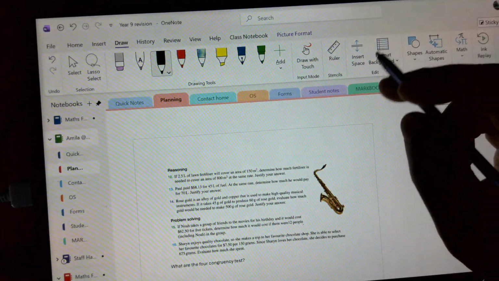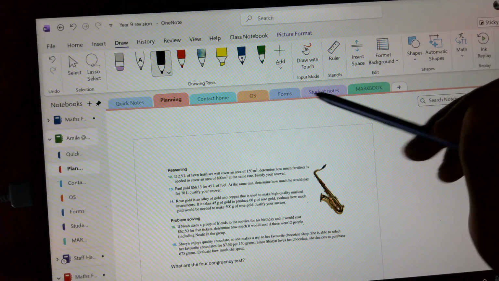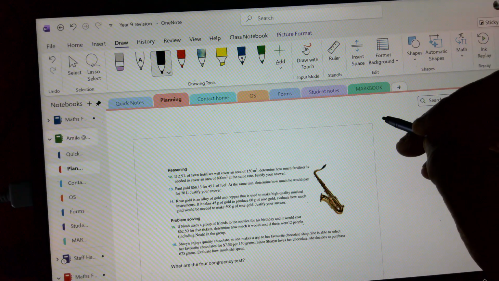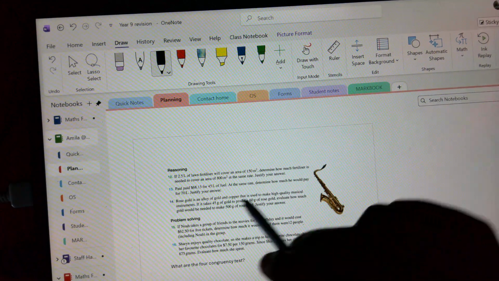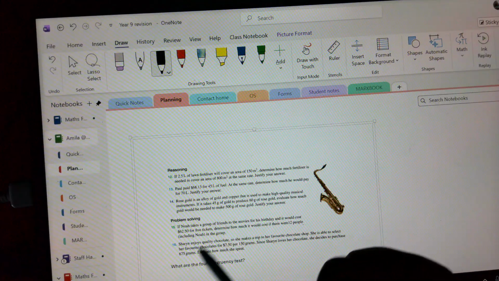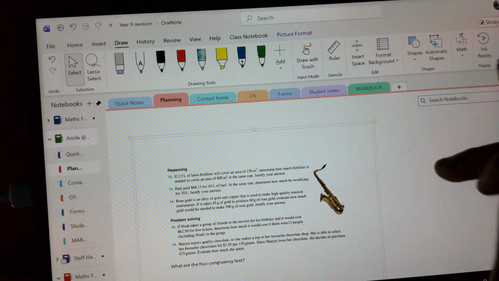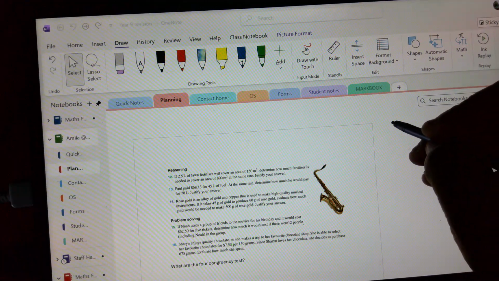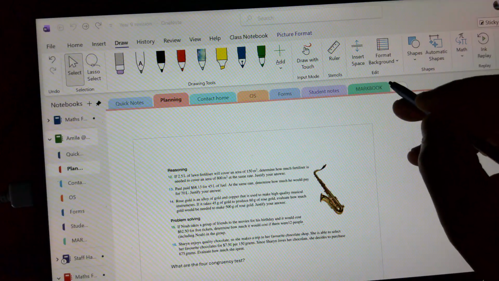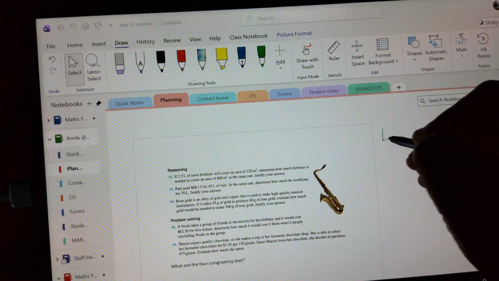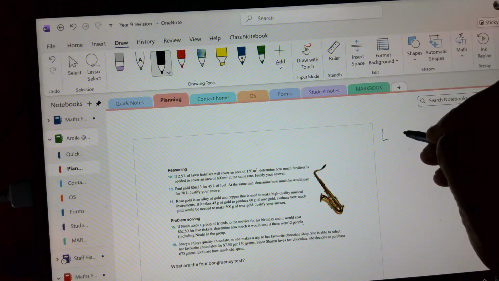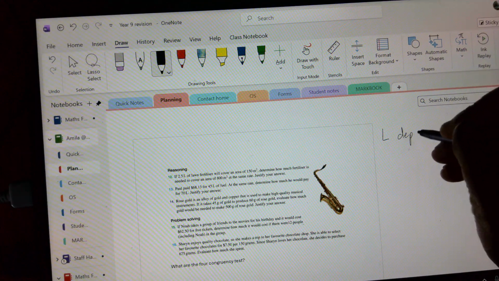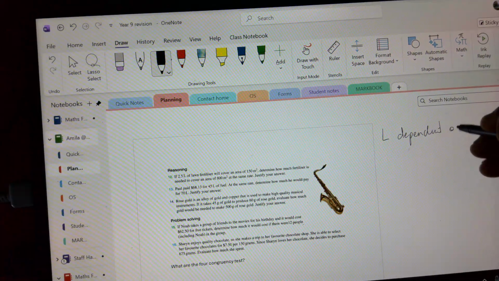Alright, first thing we need to know is it tells us that 2.5 liters of lawn fertilizer covers an area of 150. So what we know from that is that the amount of liters we have, liters is dependent on area or meters squared.